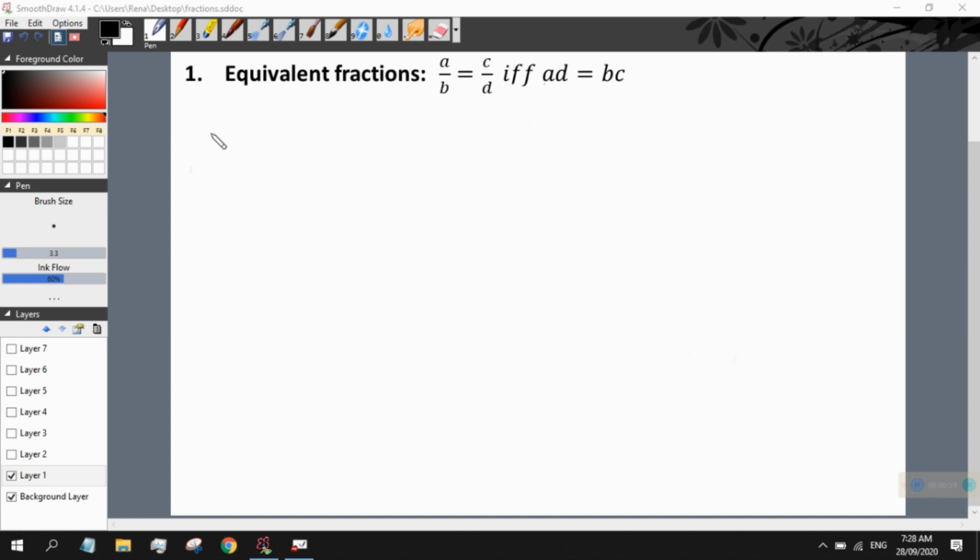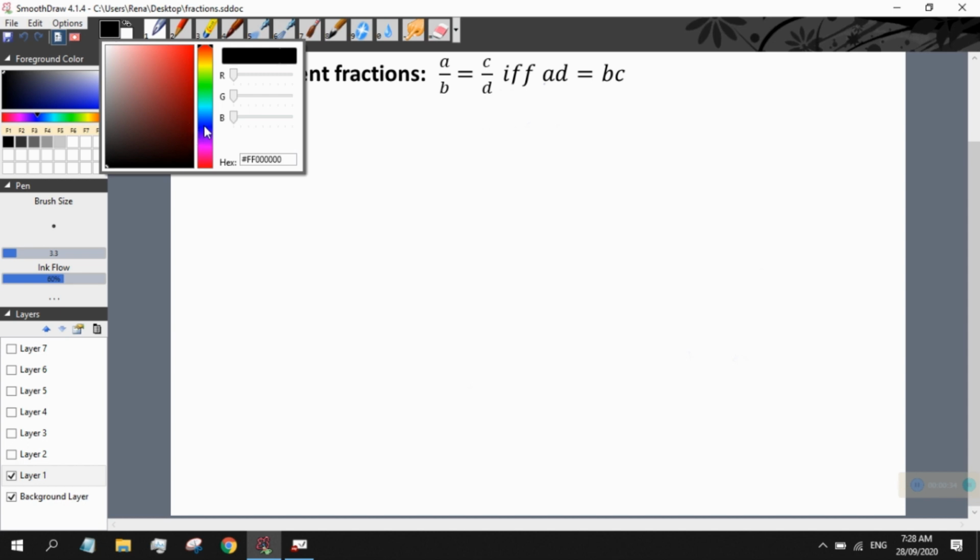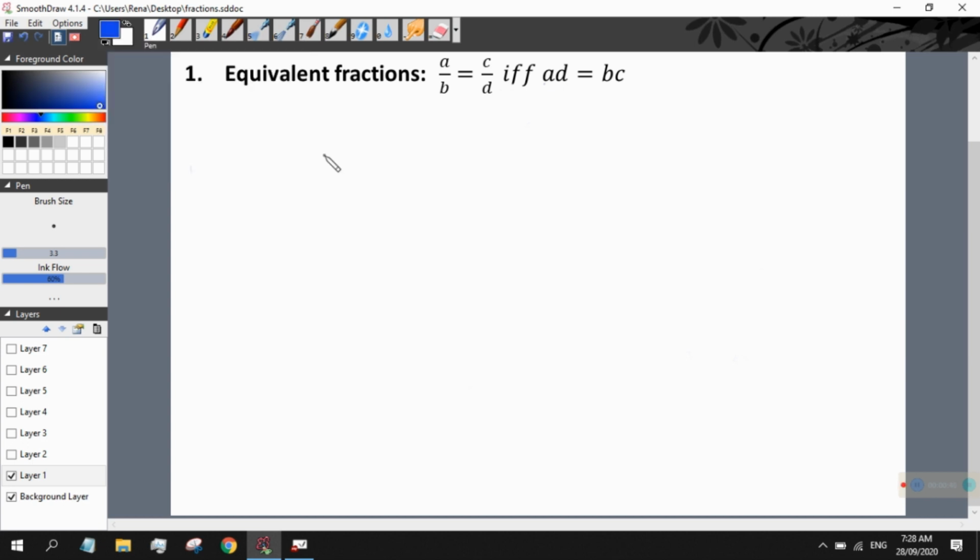So let's have some examples. For number 1, let's check if 2/3 is really equal to 4 over 6.